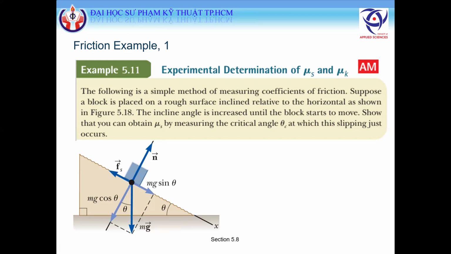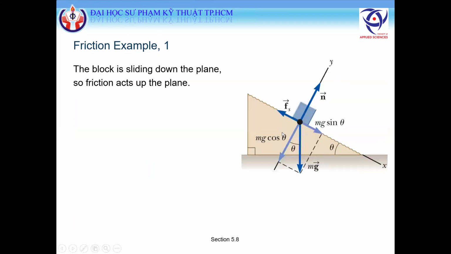But if I increase the angle theta a little bit, to a big enough value, then the iPhone starts to slide down. So in this situation, we can measure the mu s, the so-called coefficient of static friction, right? And we call it the critical angle theta c, critical angle.